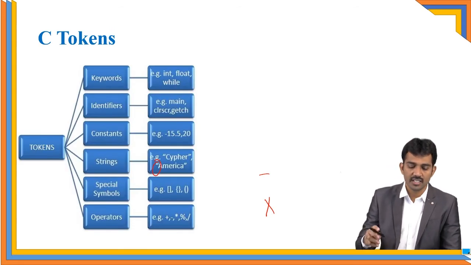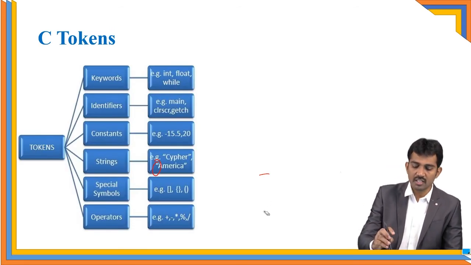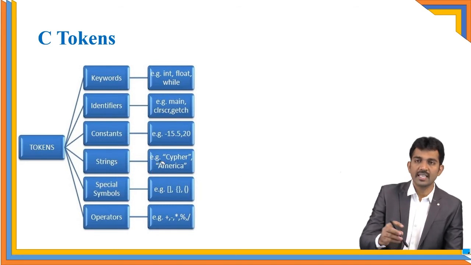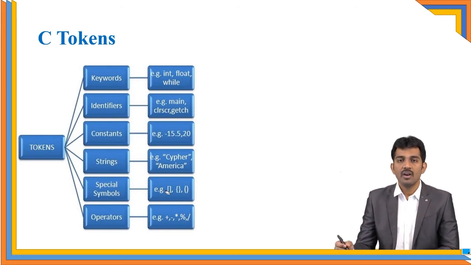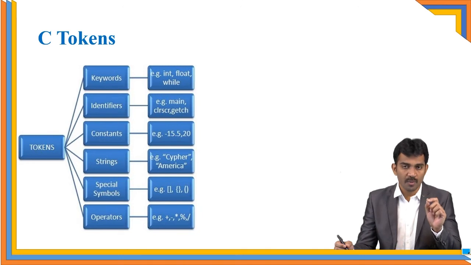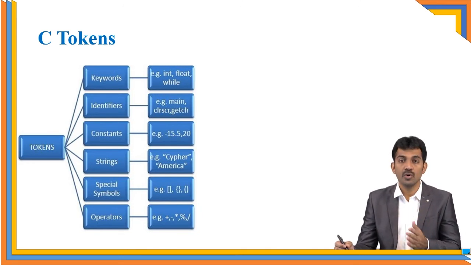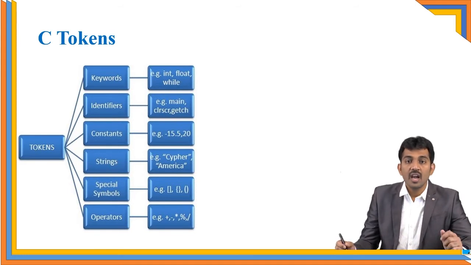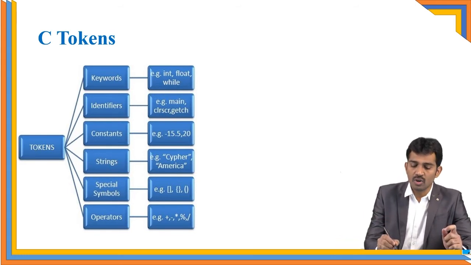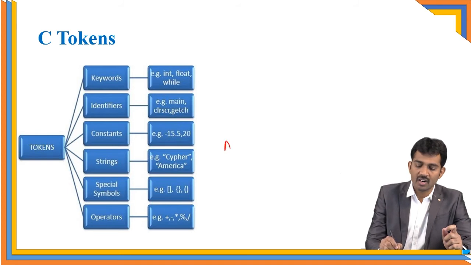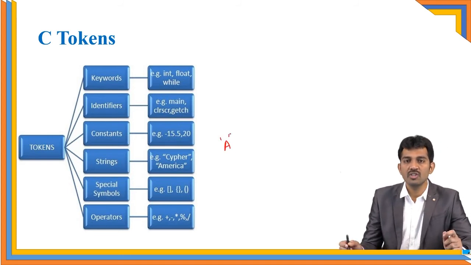Next, constants. All the values of your program are called constants. Every single part of your program is called a token, so even numbers in your program count, and each number is called a constant. Next, strings. In C language, if you code with single quotes, for example 'A', it is called a character.